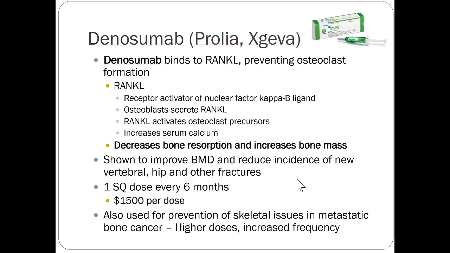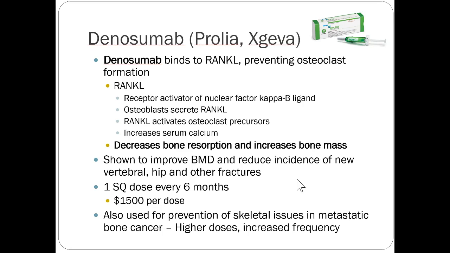There's a newer product, I should say, called Prolia or denosumab. It binds to something called RANKL, which prevents osteoclast formation. RANKL stands for receptor activator of nuclear factor kappa B ligand, which doesn't mean anything to anyone. But basically, the bullet points below are where it's important.